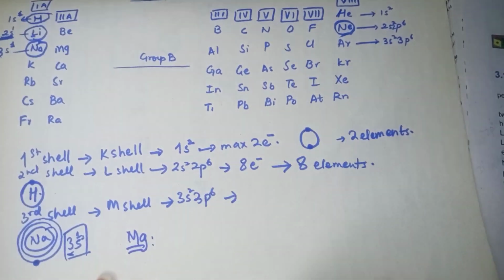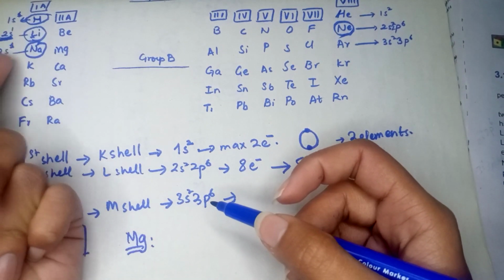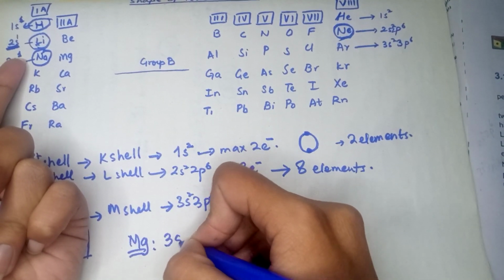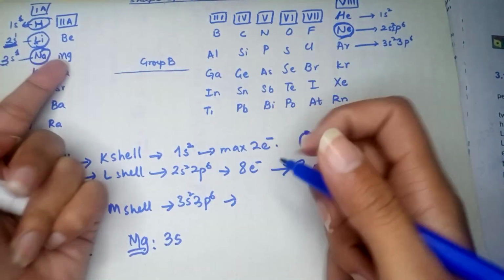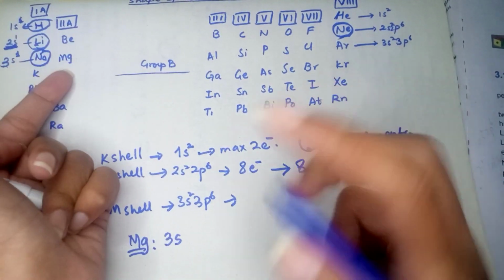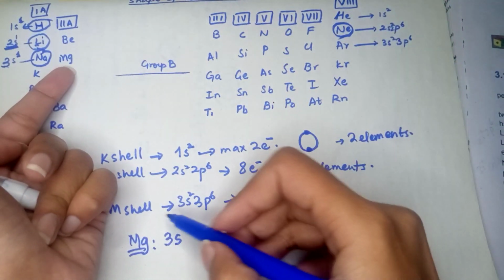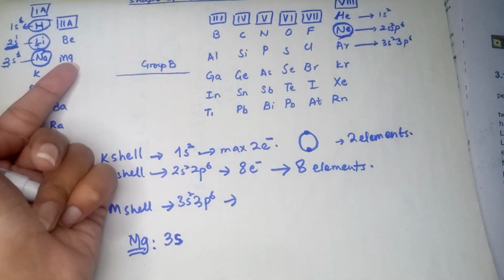So can you tell me what would be the electronic configuration of magnesium? Let us see. It is present in the third period, so 3. Then s. Why s? Because it can have only 2 electrons, because it is present in the second group, right? So the 2 electrons can be accommodated by the s subshell, and that comes first, that is why we write s first.